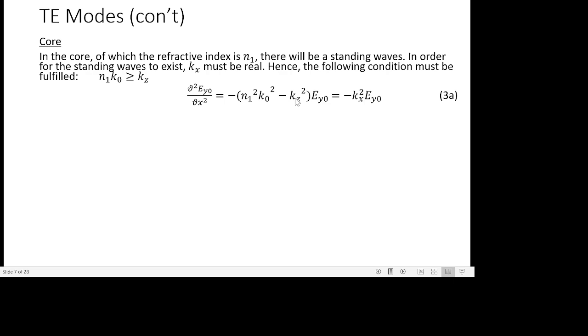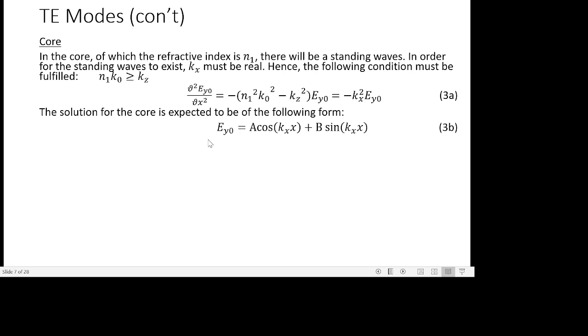And the bracket expression is just k of x squared, and k of x has to be real in order for the wave to be successfully guided. So the solution to this differential equation is simple: a times cosine of this term plus b times sine of this term.